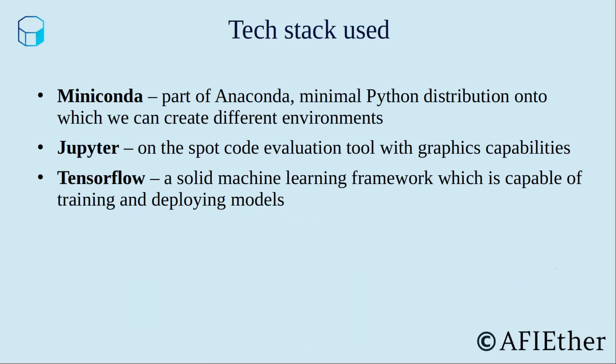What we are going to use is Miniconda. This is a part of Anaconda, which is a distribution of Python. Miniconda means that it will come only with the minimum necessary libraries just to run a certain version of Python.